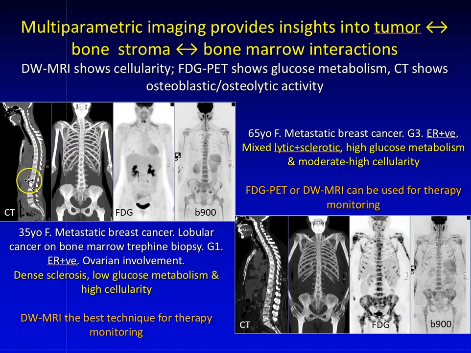You can see extensive sclerosis on the CT scan, a negative FDG PET scan, but a positive diffusion scan, whereas in this 65-year-old with breast cancer you can see mixed osteolytic lesions on the CT scan and positivity both within the marrow space on the FDG PET scan as well as on the high B value images.